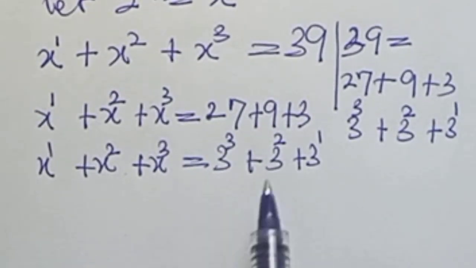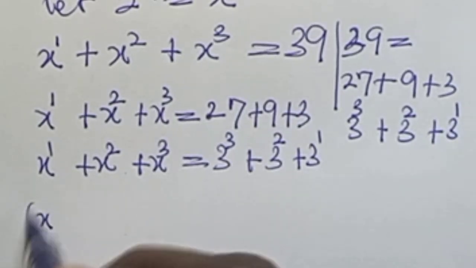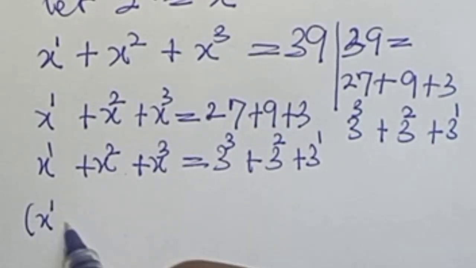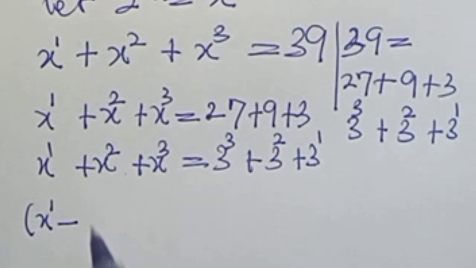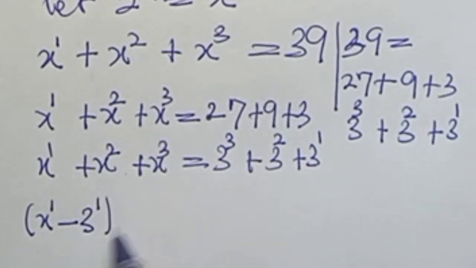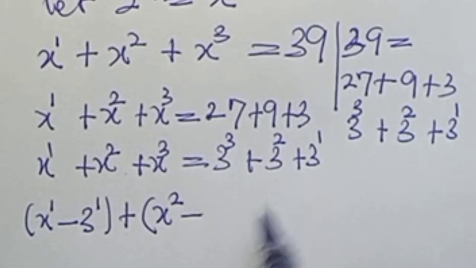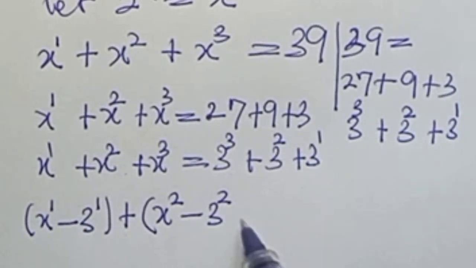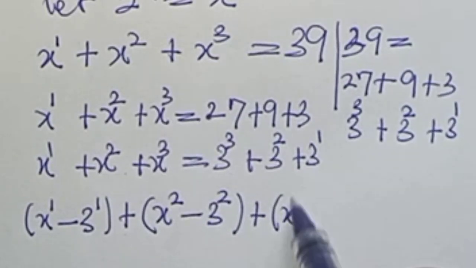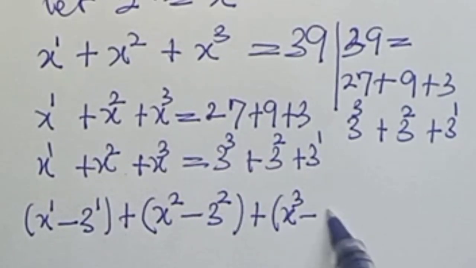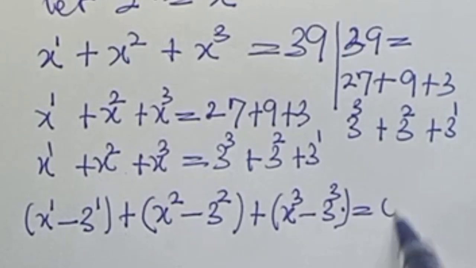The next thing we'll do is to group them according to their powers. That is (x^1 - 3^1), crossing this equal sign becomes negative, plus (x^2 - 3^2) plus (x^3 - 3^3), close bracket, all equal to 0.